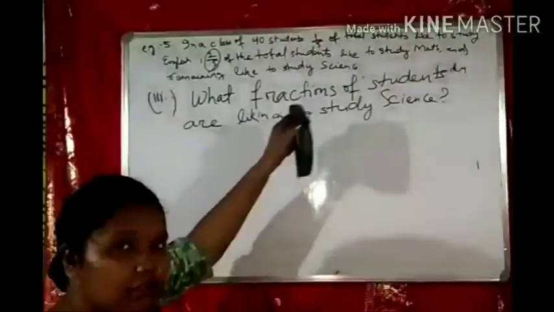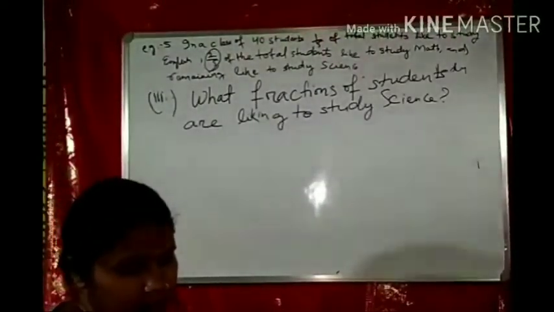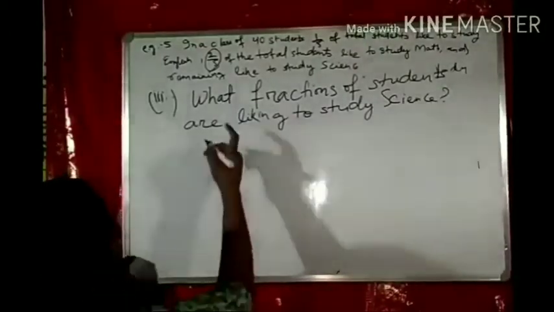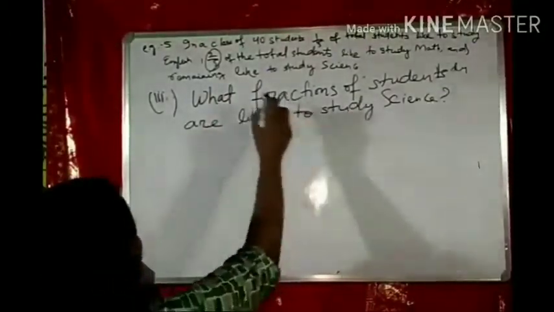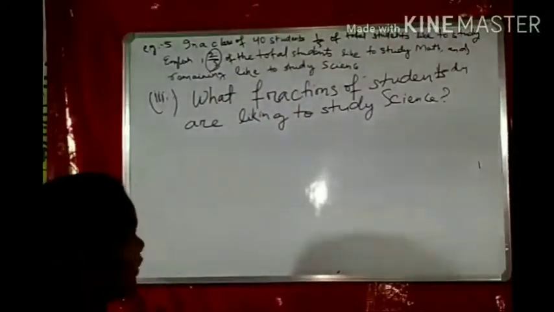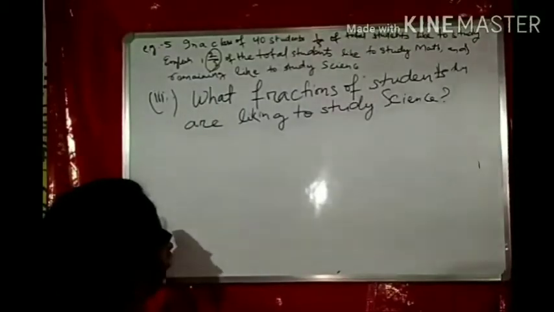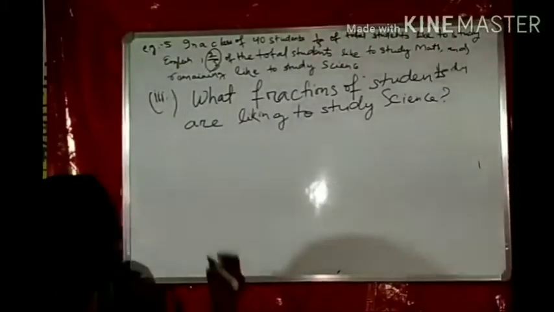So we have to find out the fraction. So before the fraction, what do we have to find out? We have seen how much? 1 by 5 and 2 by 5. So how many students did we get in 1 by 5?